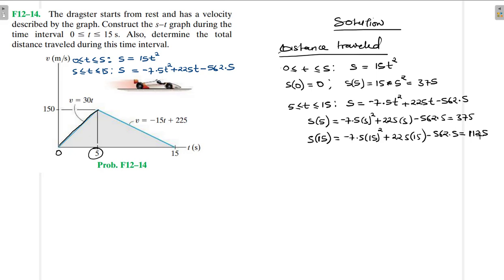Is that so? So minus 7.5 times 15 squared plus 225 by 15 minus 562.5. So 1125.